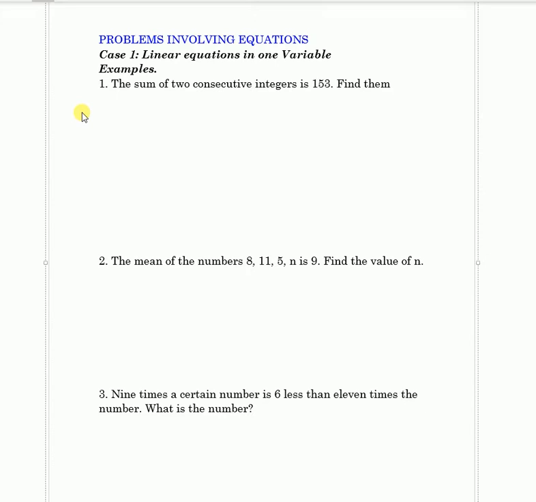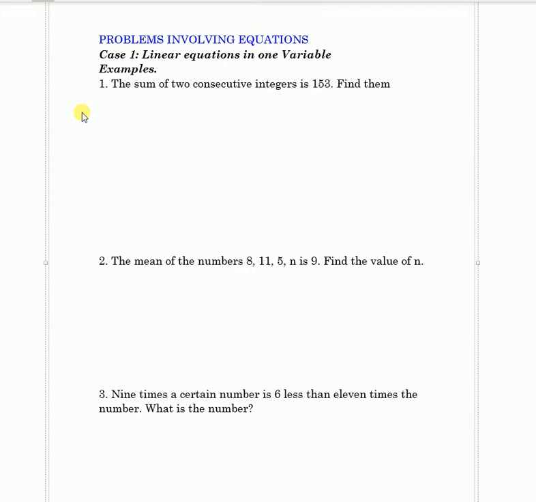Now we can handle some problems involving equations. We call these word problems, and when you try to solve them, there are cases when you get a linear equation with one variable, and cases when you get a linear equation with two variables.